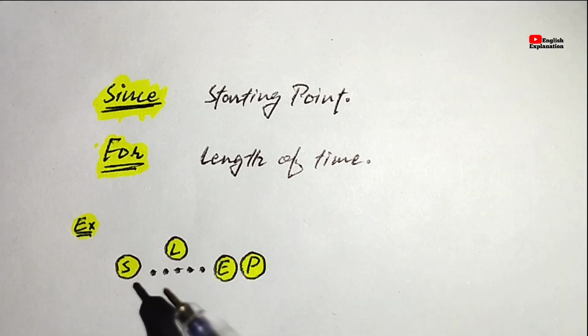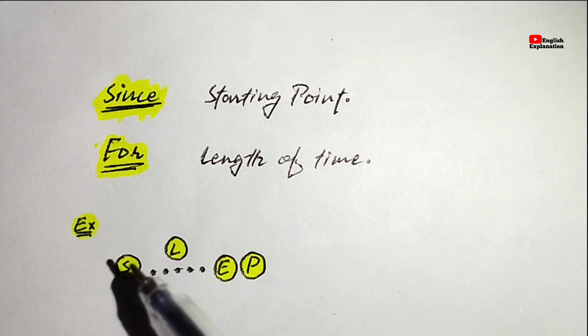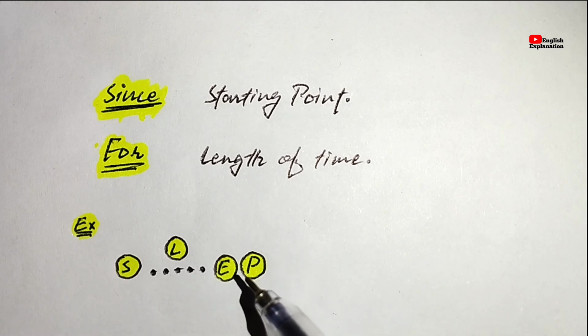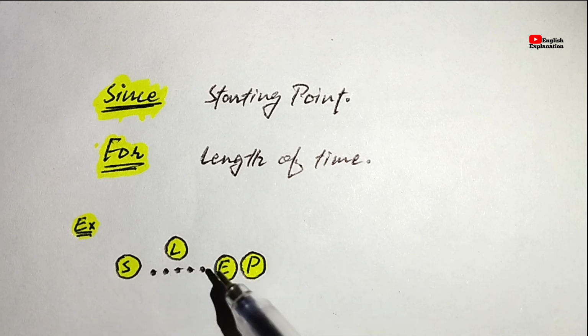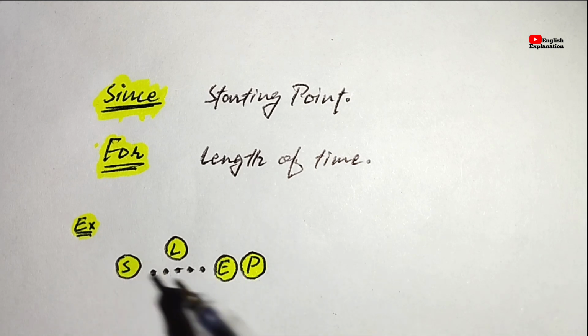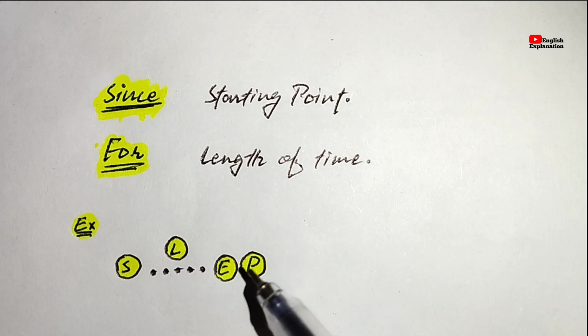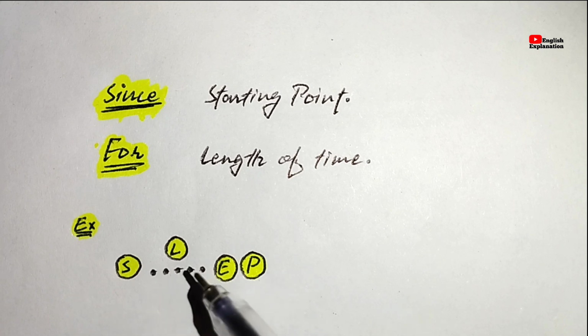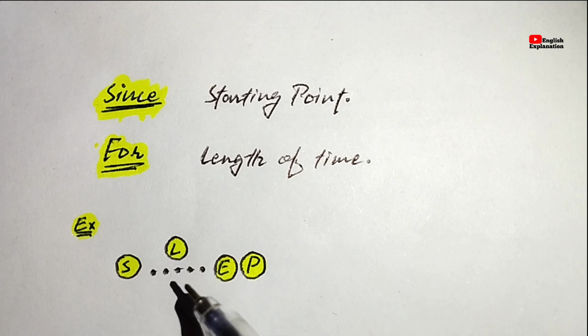Okay, see here. Here you can see a starting point, and here you can see the present time, or you can say end point. Between the starting point and the present time, we have a length of time, or you can say time period, or duration.